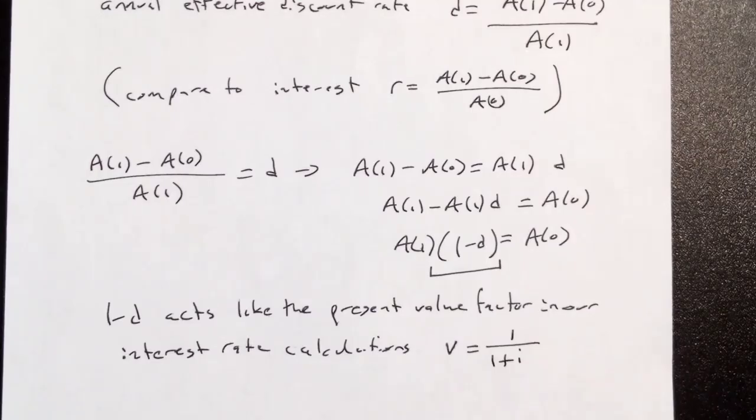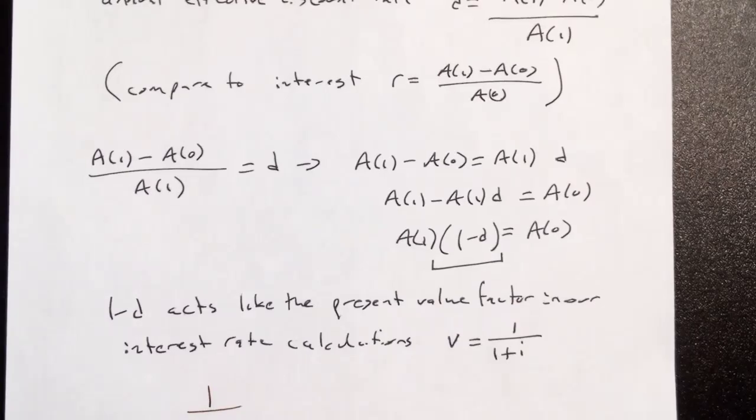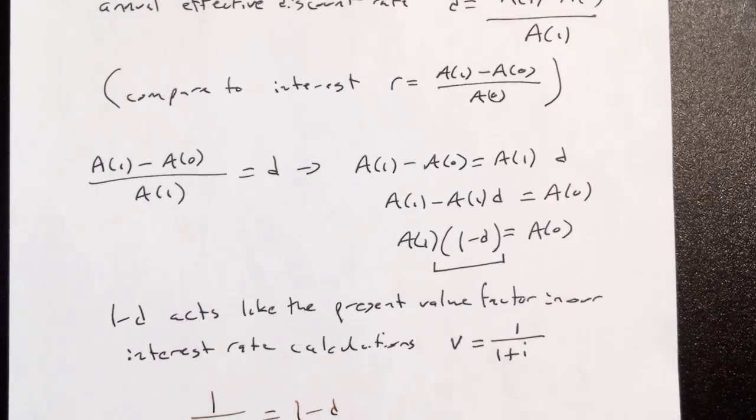So if I want to know the interest rate that's equivalent to a discount rate, I should set those equal to each other. Let's make this 1 over 1 plus I equal to 1 minus D. We can solve for one in terms of the other, right?